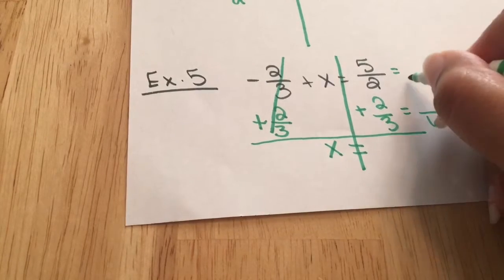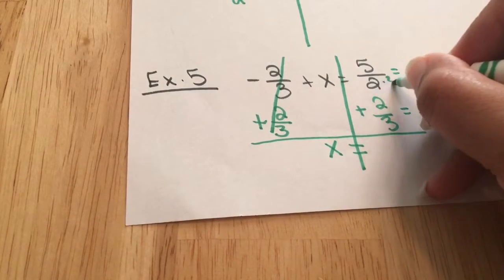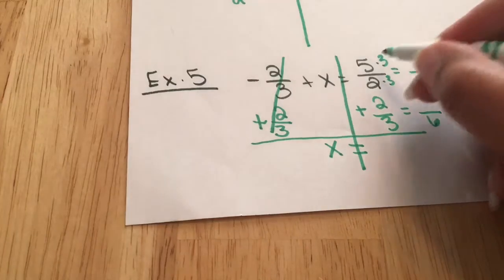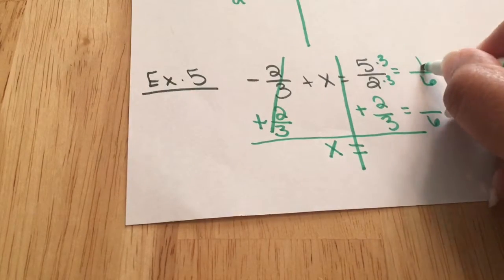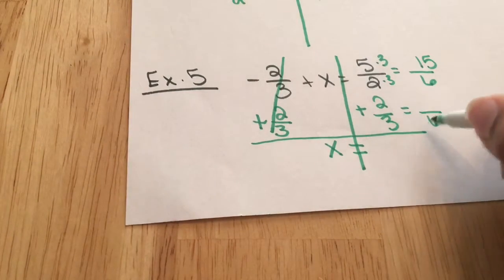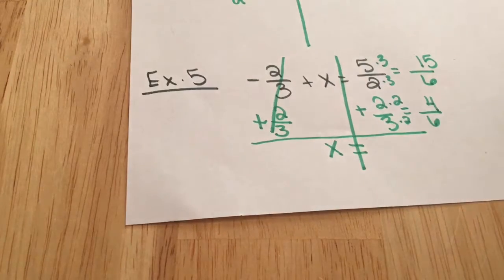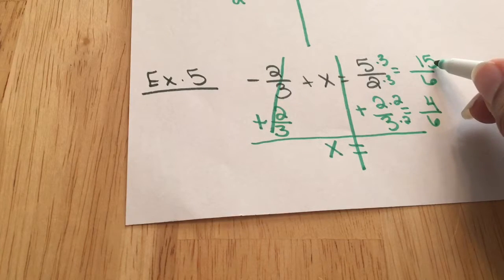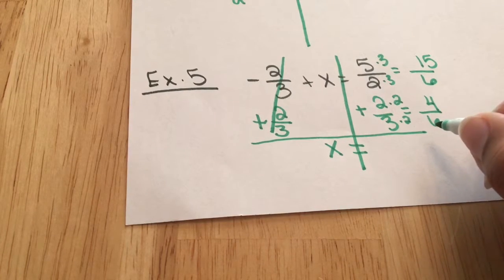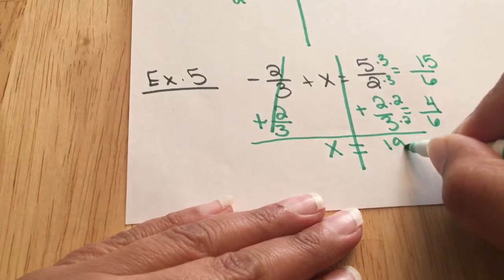In this case, it's going to be 6. I'm going to multiply that 5/2, both the numerator and denominator, by 3, so I should get 15/6. And that 2/3, I'm going to multiply both numerator and denominator by 2, so I should get 4/6. Now I'm going to add 15/6 plus 4/6, which is going to be 19/6.